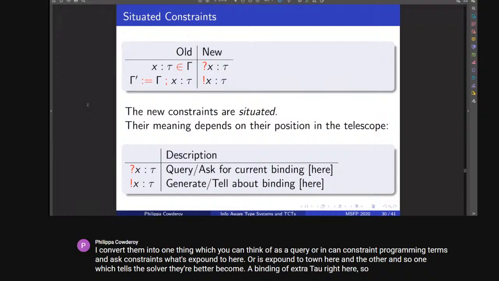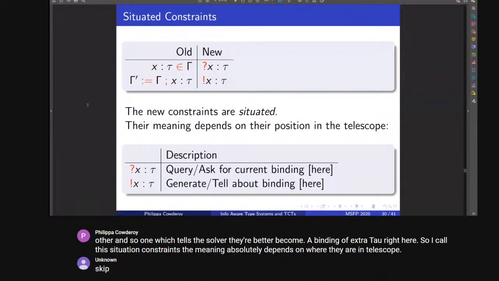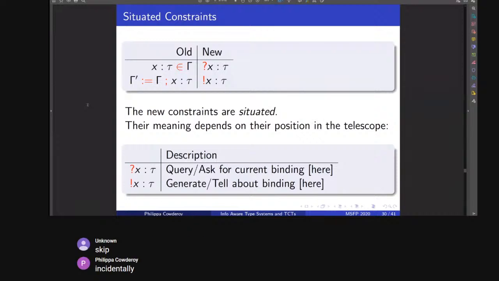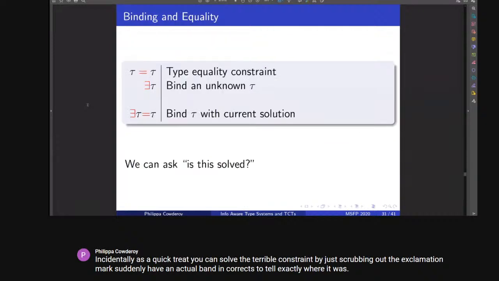So I call these situated constraints. Their meaning absolutely depends on where they are in the telescope. Incidentally, as a quick cheat, you can solve the tell constraint by just scrubbing out the exclamation mark. Suddenly you have an actual binding for x to tau exactly where it was.